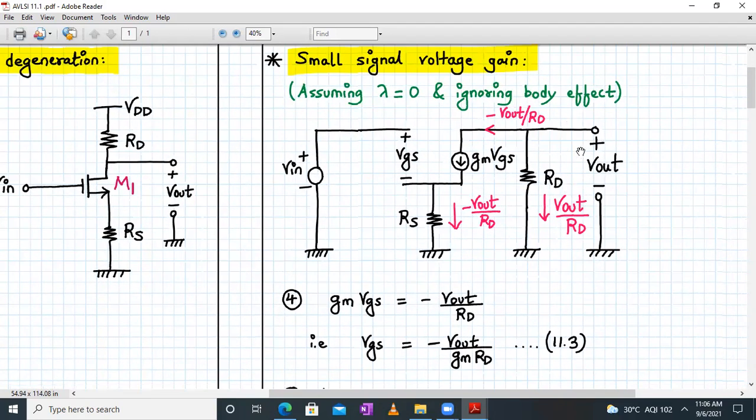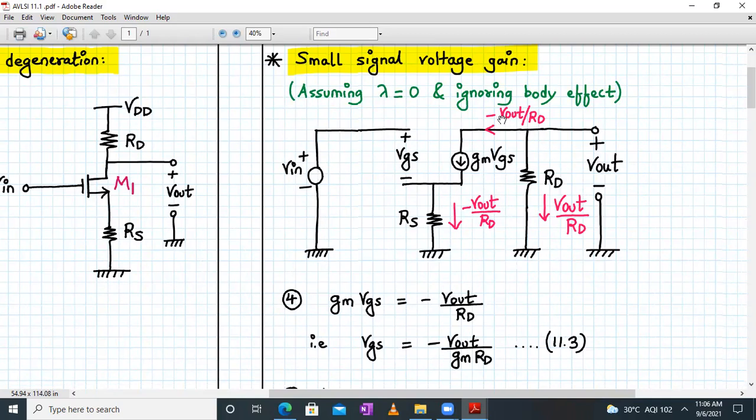Now, since voltage V out is in parallel with resistor RD, we can write the current flowing through RD as V out upon RD. Okay. Now, the current leaving and the current entering the drain node should be the same.